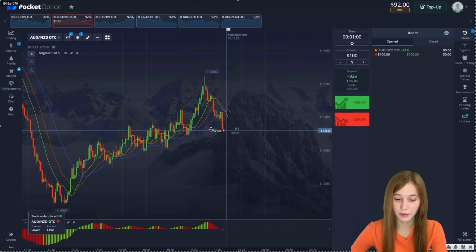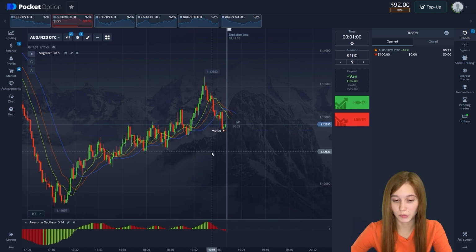Blue line we see is prevailing, so we opened correctly. By oscillator, red bars we see, zero mark also we see. Eighteen seconds left until the end of our deal. At the moment we are still above our opening point.